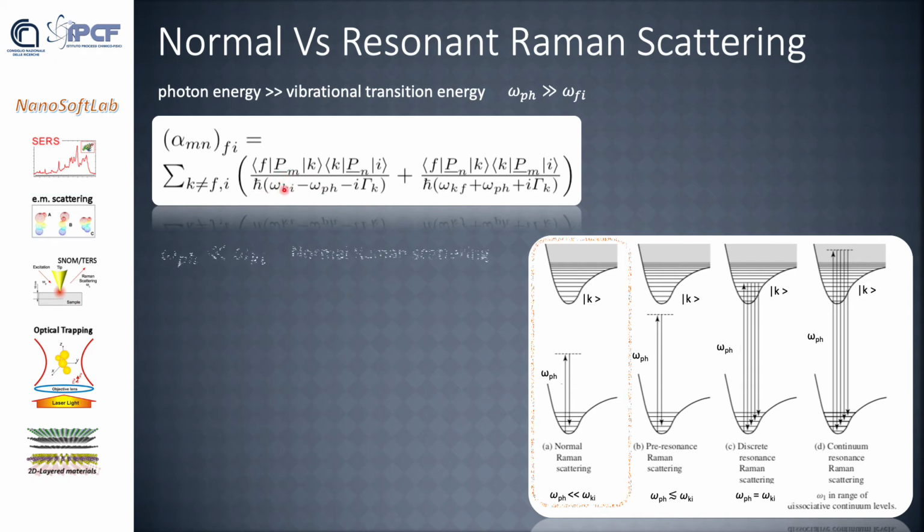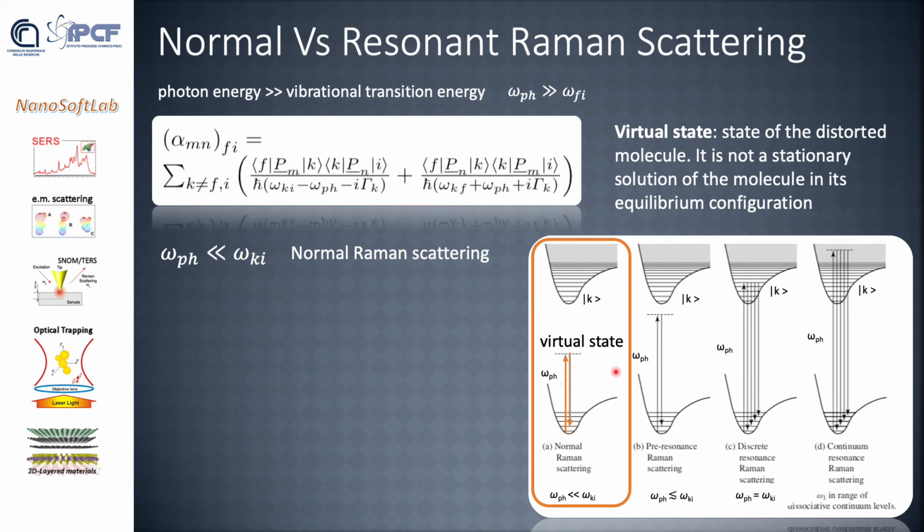Let's see more specifically. Let us assume first that photon energy is much smaller than any possible absorption transition. So we have a photon energy that brings our system from the ground level to some intermediate level. This is what is called the normal Raman scattering.